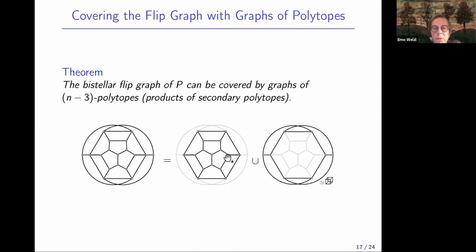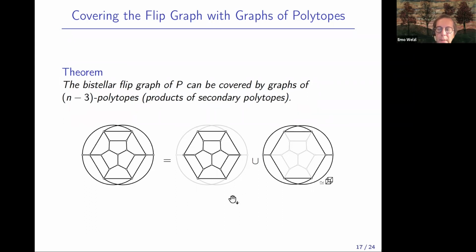So this is not the graph of a polytope. We can write it as the union, not the disjoint union, of this graph, which is obviously the graph of a polytope, and this graph here, which is obviously the graph of a polytope if you redraw it in the way I've shown it here, namely this is the graph of a cube. And so this holds in general. You can always write your bistellar flip graph as the union, in general not just 2 but many more, graphs of n-3 polytopes.